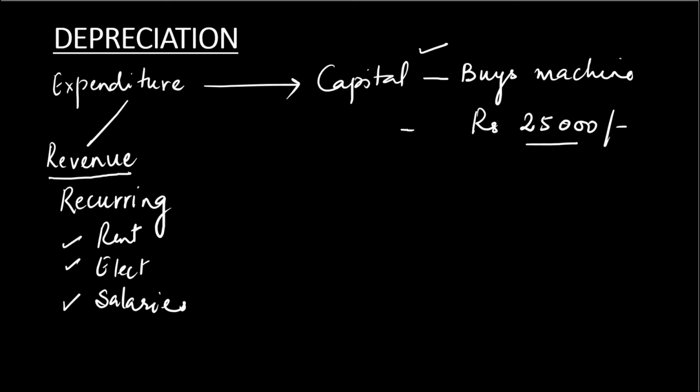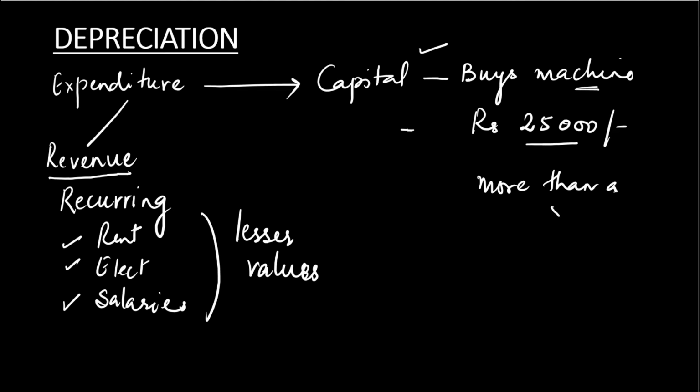Also note, recurring expenditures are of lesser value, whereas capital expenditures are of more value. They are expensive and attract a higher amount of money. The third point to keep in mind is that when we buy a machine, plant, or equipment, it is going to be in the organization for more than a year.